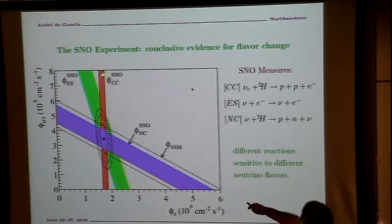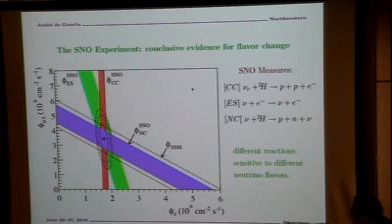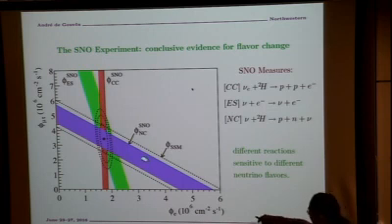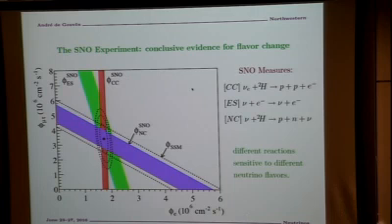This error bar is way bigger than that one, because the scattering cross-section off of electrons is way smaller than the scattering cross-sections off of nuclei. But nonetheless, you get this bar, and then you get that one. And then finally, the last result is this blue line over here. So this blue line over here is a neutral current reaction. That's this measurement of neutrons.